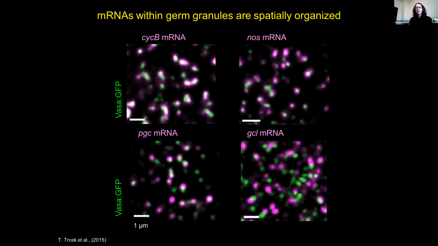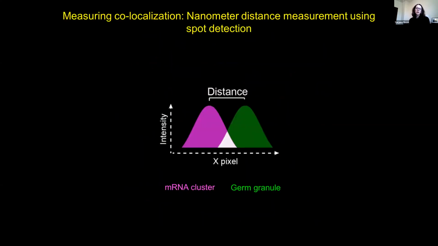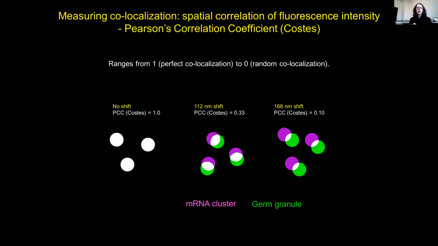We wanted to characterize this colocalization better, quantitatively. And we employed two measures of colocalization to do this. In the first, we used a spot detection algorithm that measured the nanometer distance between overlapping mRNA clusters and germ granules. And in the second, we used Pearson's correlation coefficient, Costes approach.